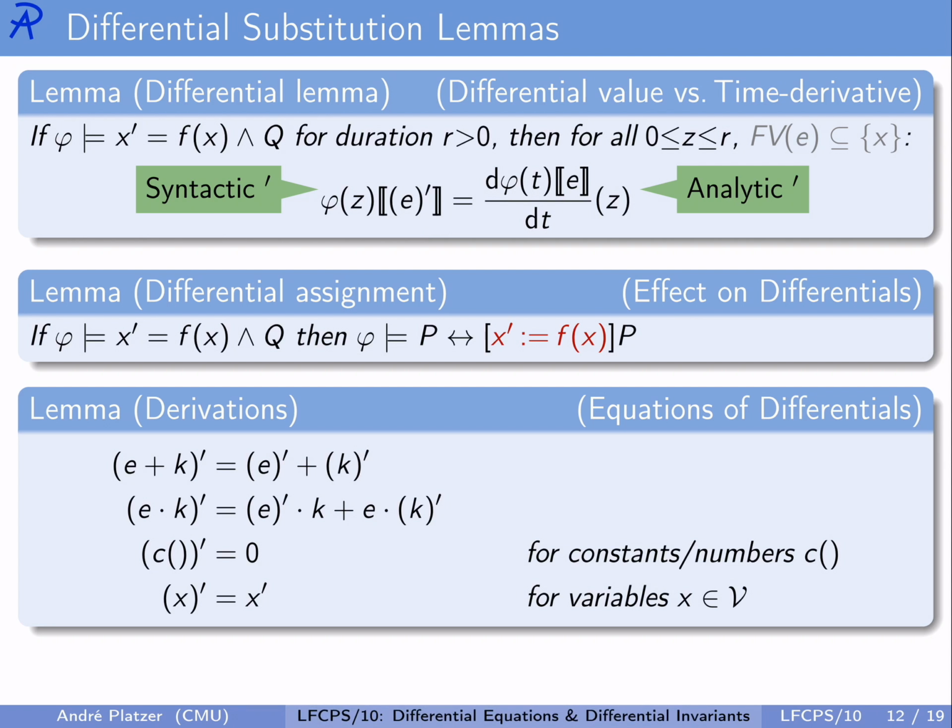Also, what we read off from it is that while we are following a differential equation, meaning if phi is a solution of x prime equals f of x and Q, well, then we at least know that I guess x prime has the value that f of x has. That's what it means to follow a differential equation. And that means always along the solution of a differential equation, it is also true that p is equivalent to p after assigning f of x into x prime.